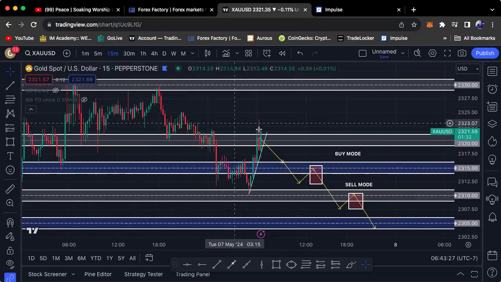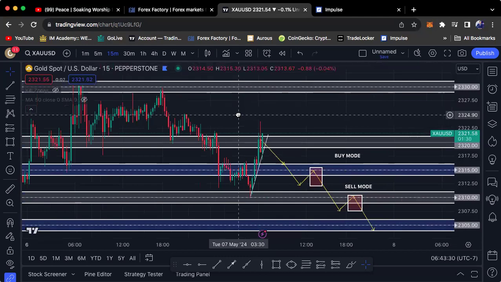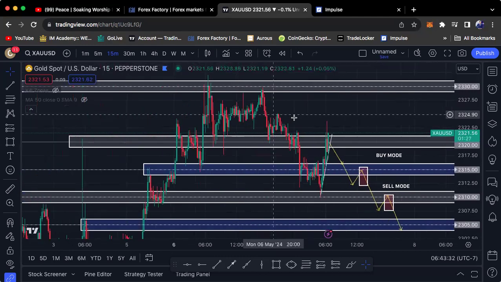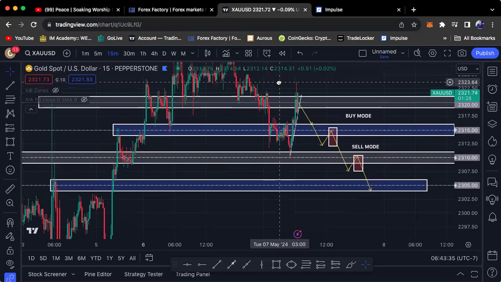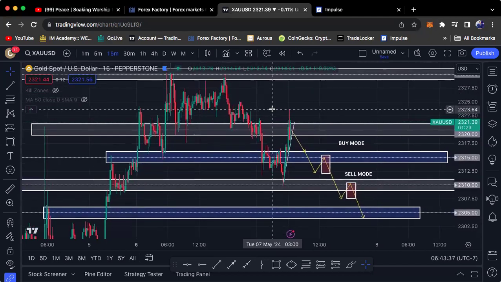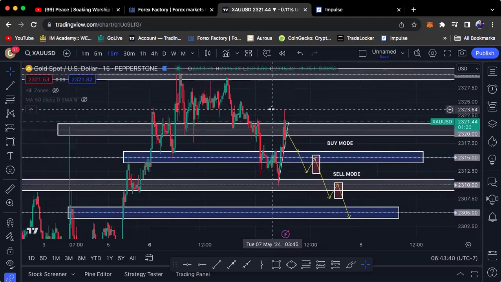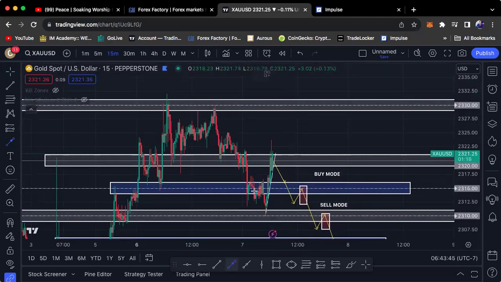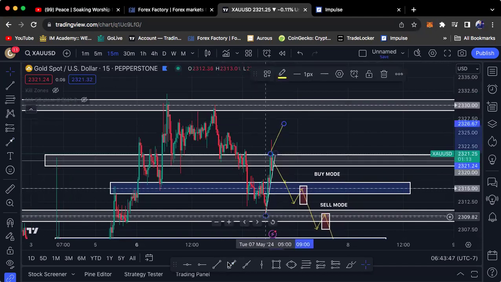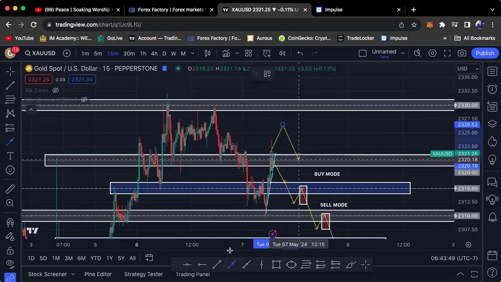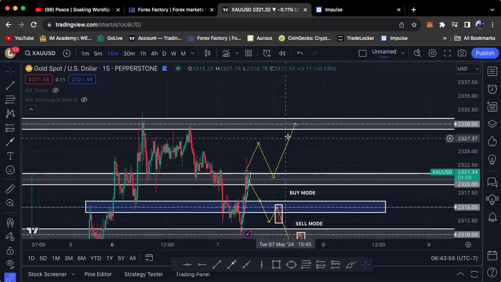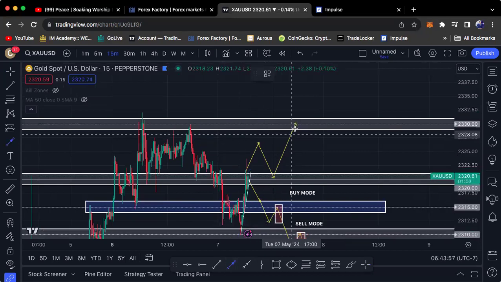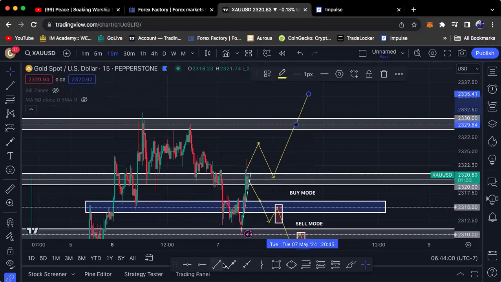But remember, guys, I want to go with the trend. If it starts forming higher highs, higher lows, right? And if it breaks above 23.30, then it's on a bullish run.